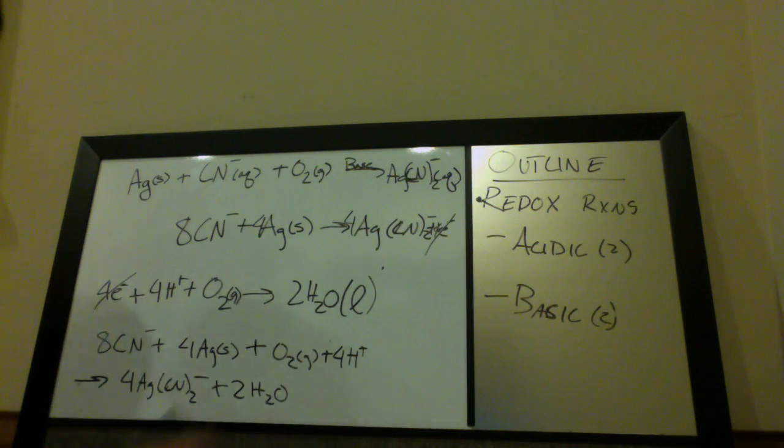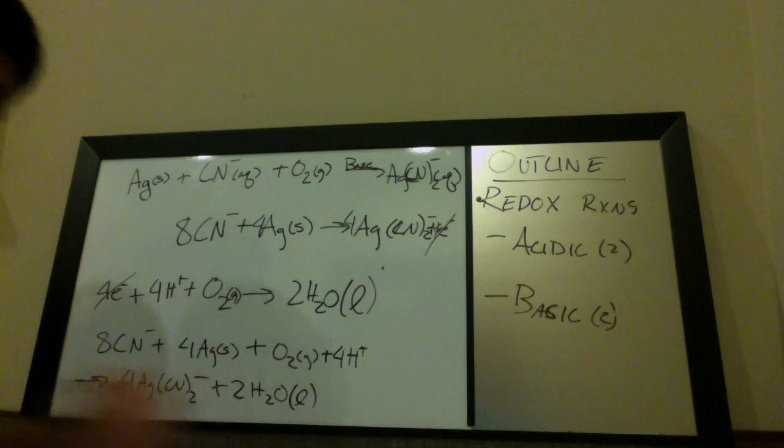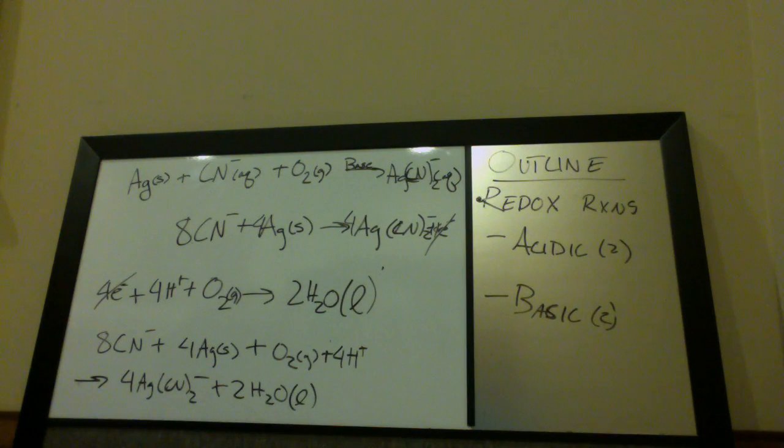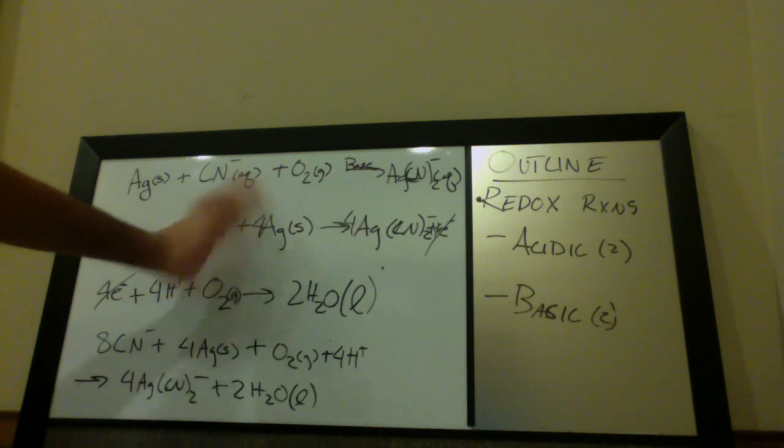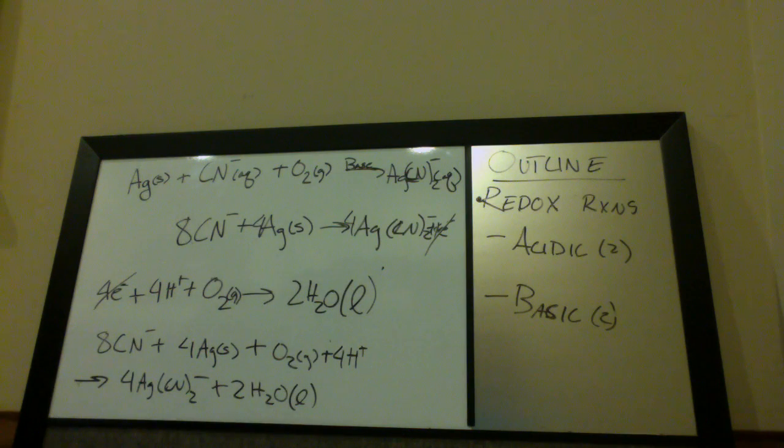And there you go. That's your balanced half reaction. That's the first step, and now you have a second step. So if you thought this was multiple steps, well, I'm sorry, but there are more steps.